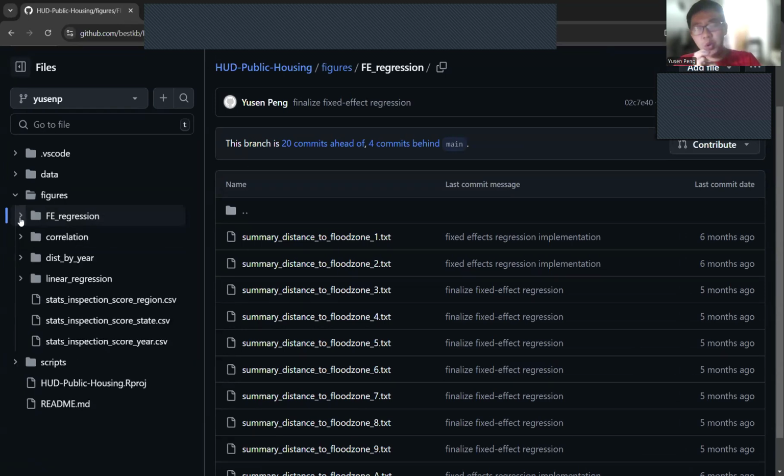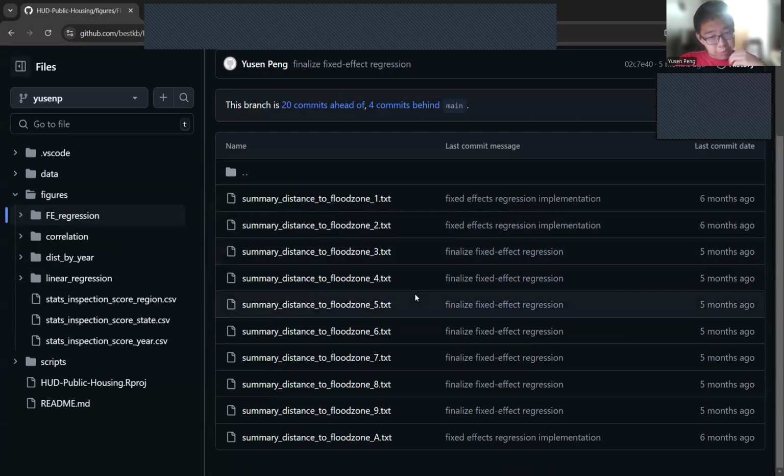I don't know if you've taken any classes or know fixed effect in regression, because that thing does not make sense to me. I spent a couple hours searching online, looking it up, using ChatGPT. It's not making sense to me yet, but I will try my best to do it again.